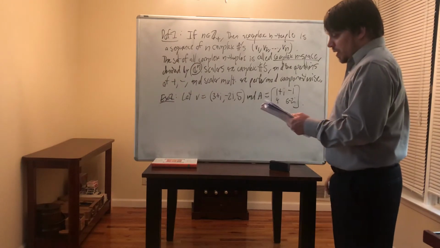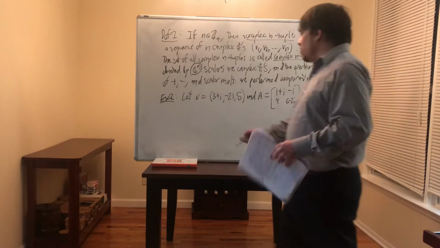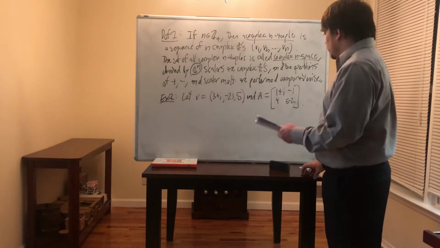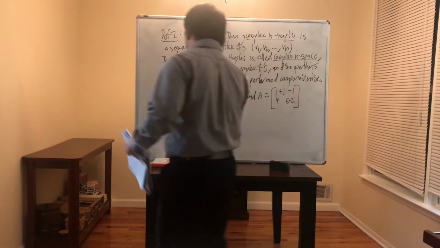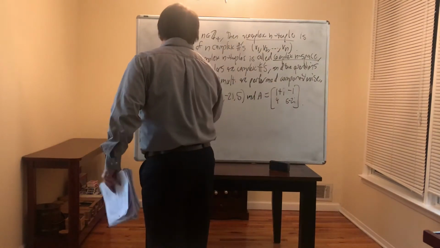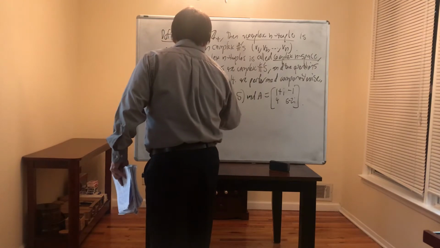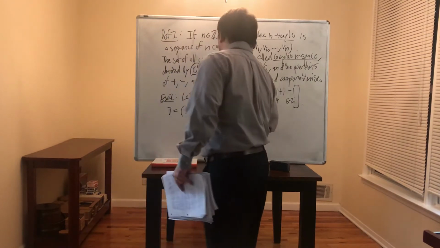So v is a complex 3-tuple, and this A is a 2x2 complex matrix. Okay? So v bar is just taking the complex conjugate of each component of that vector.